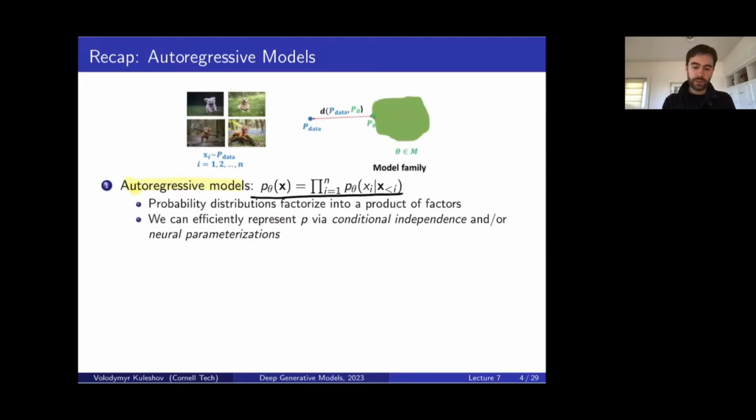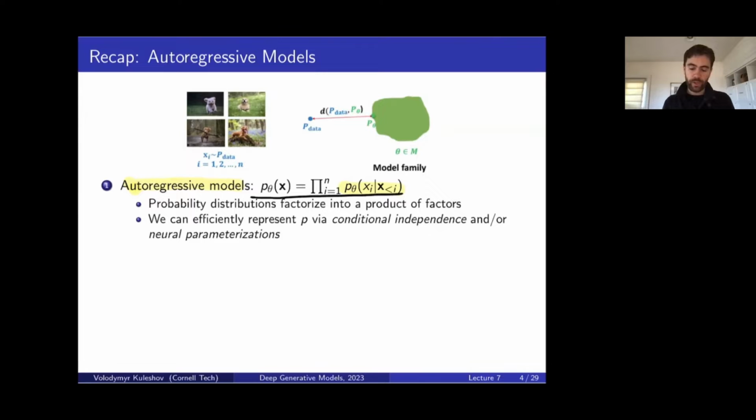The key insight of an autoregressive model is that you can take these conditionals and parameterize them using expressive neural networks. These neural networks predict the next element of the object, for example, the next pixel in an image based on the previous pixels. And using these models, you can now generate images or audio or any kind of data, one element at a time or one pixel at a time.